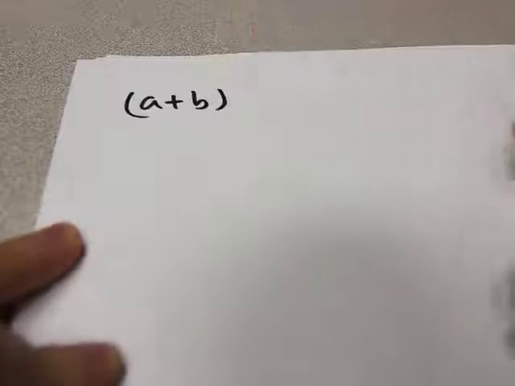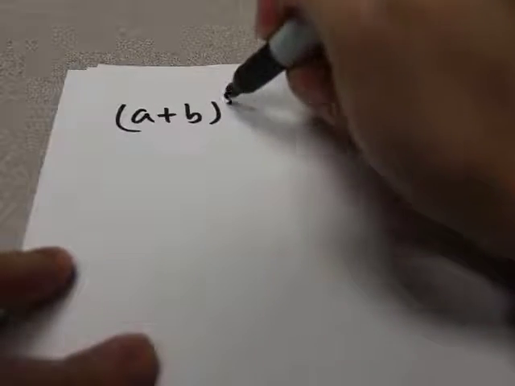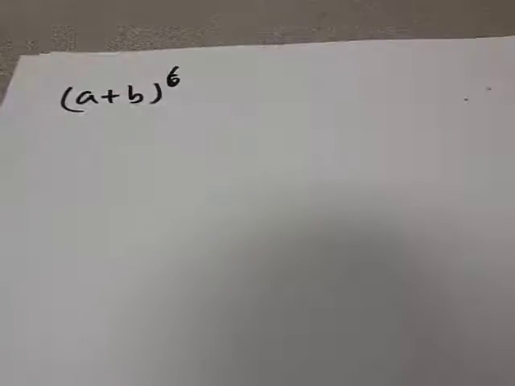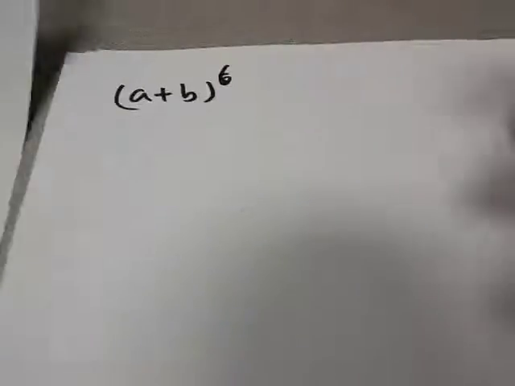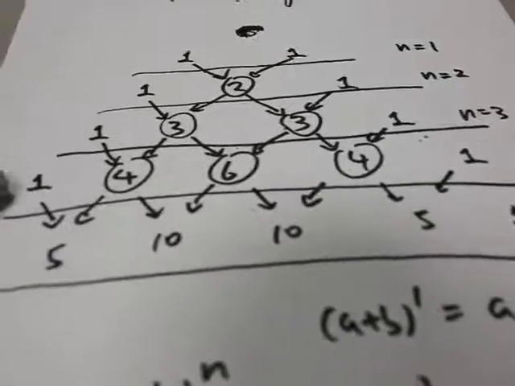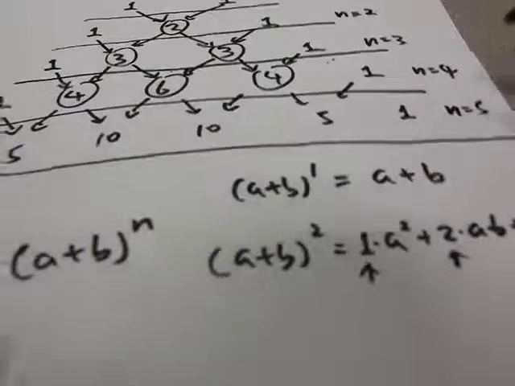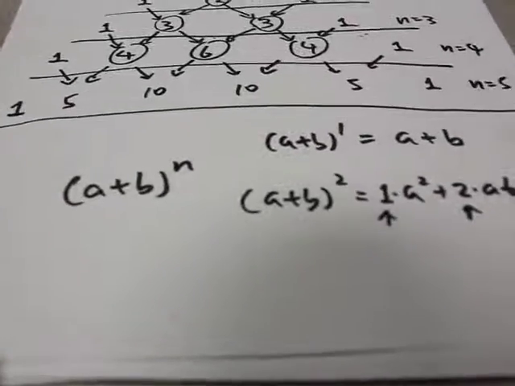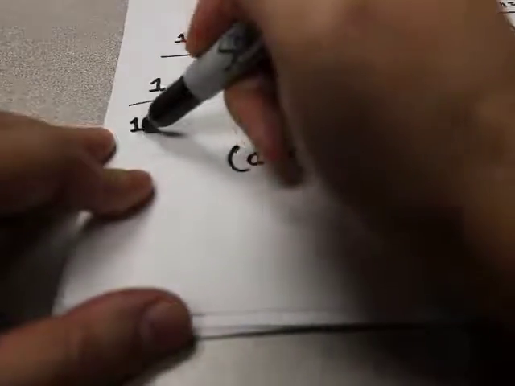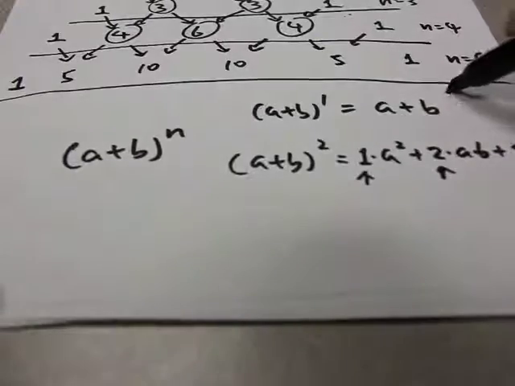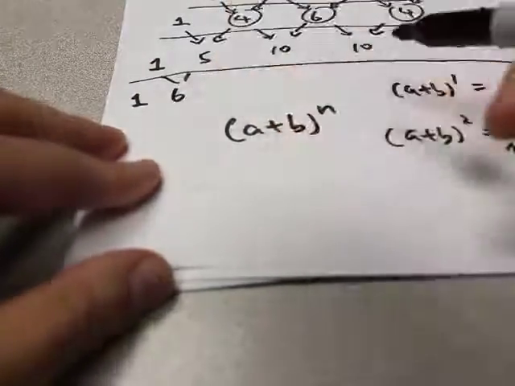Now let me do another example. Let's see. I want to find what (a + b) to the power of 6 is. Okay. So because right now n equals 6, I need to determine the numbers in the 6th row. So this is the 5th row. So now in the next row, this is 1, and the last number is 1. So this is 6, 1 plus 5.